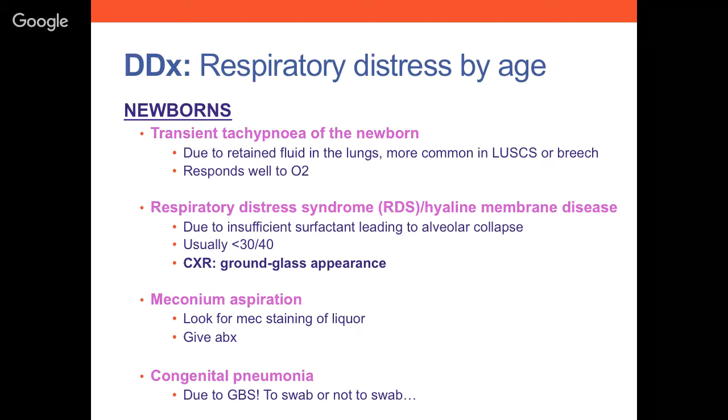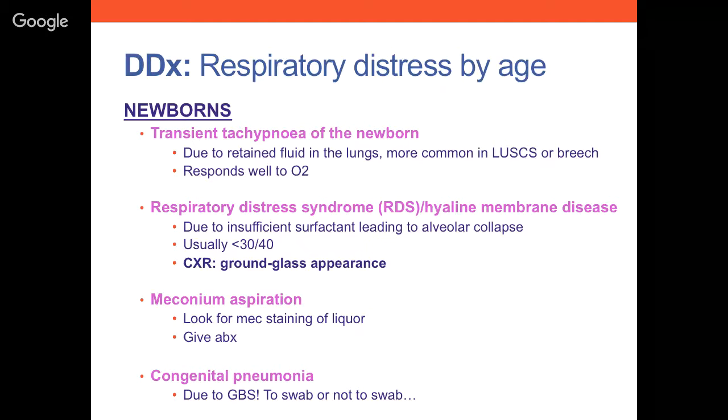And finally is congenital pneumonia, which is group B strep. So just out of interest, who's at a hospital in which they swab for GBS? Yeah, where are you? Who's at a hospital where they don't swab for GBS? Yeah.